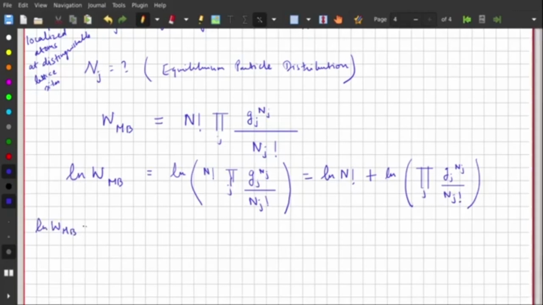The logarithm of the Boltzmann probability is log n factorial plus, now you see this is log of a product, and log of a product converts it into a sum, so this becomes a sum over j, and that becomes nj log gj, so that is coming from this term, log of that term, minus, this is in the denominator, so minus log nj factorial.